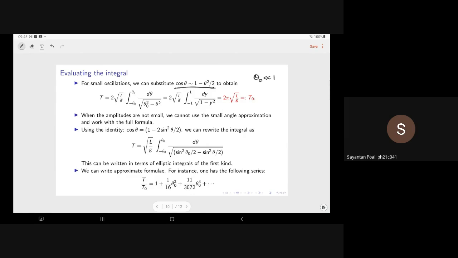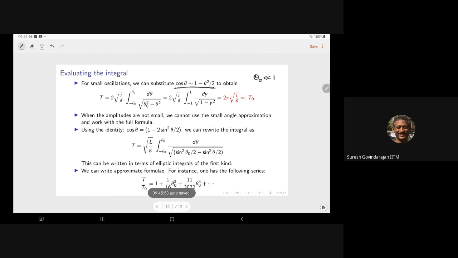Radians. Okay, very good. So we don't do degrees. Theta is in radians, so theta naught also in radians must be much less than 1. And then you can do this integration, and the integration will give 2 pi. So that is our usual time period of a simple harmonic oscillator, the simple pendulum for small oscillation.